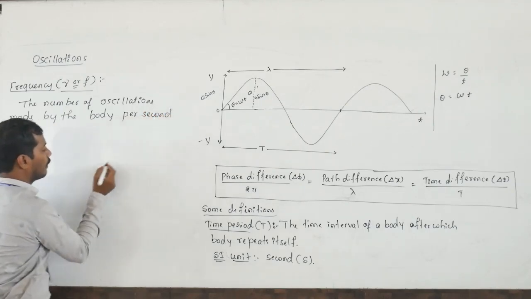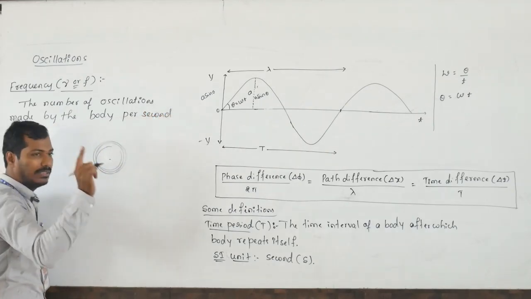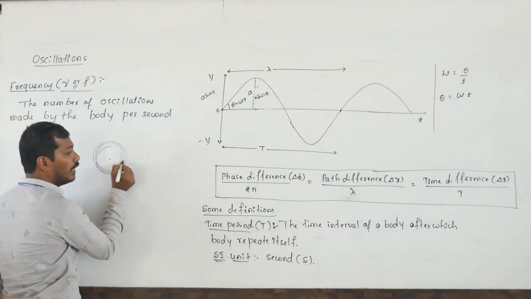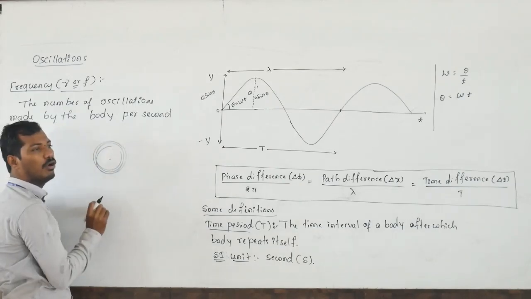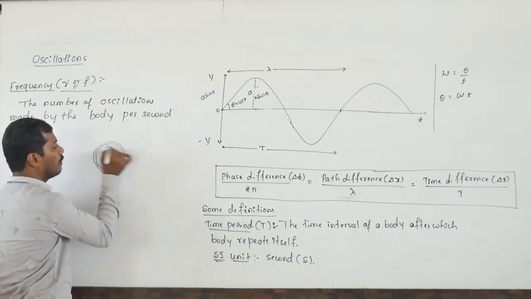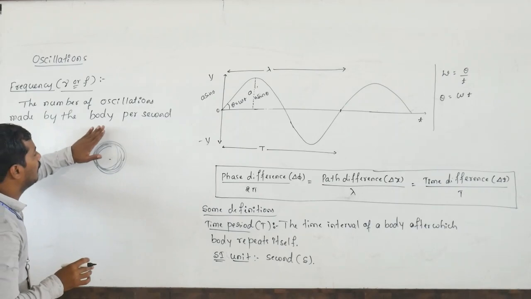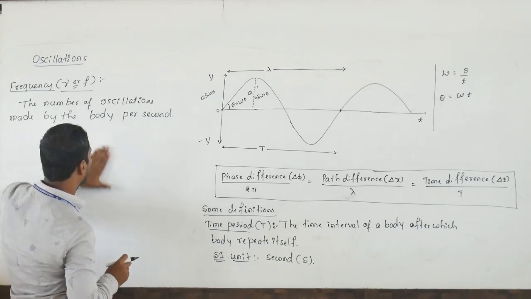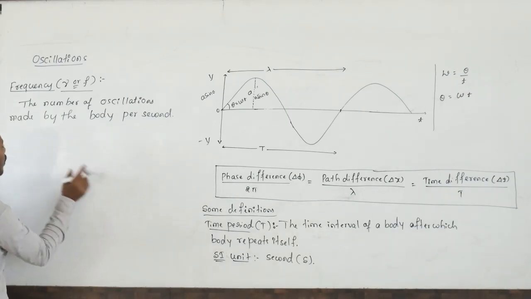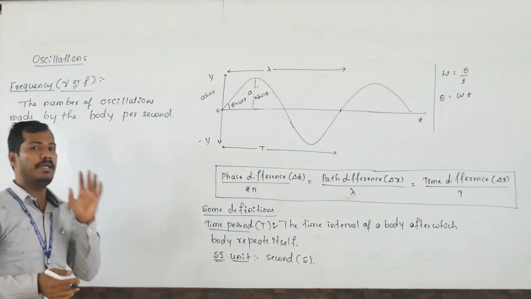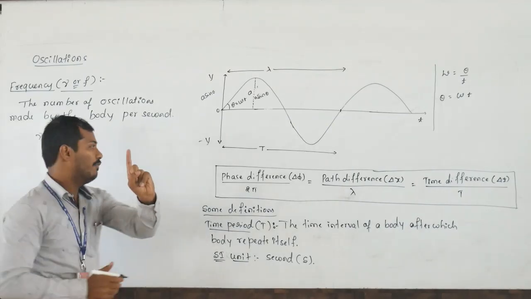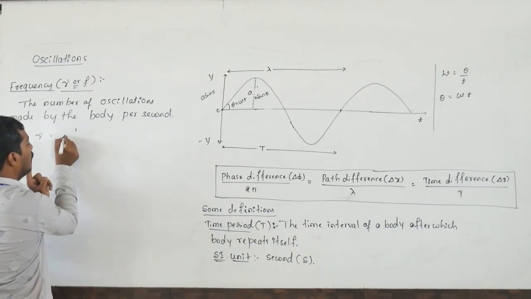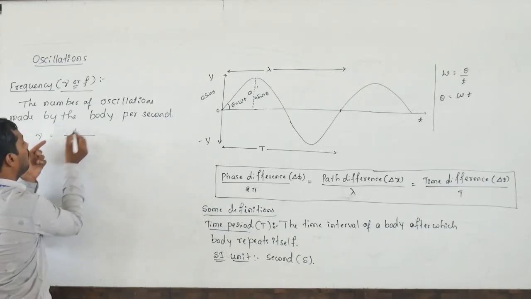It means the number of revolutions: in 1 second, how many revolutions are made by the body. This is called the frequency of the body, denoted here as nu. If it makes only one revolution per second, that means per time period.